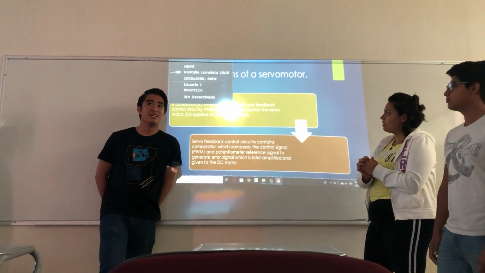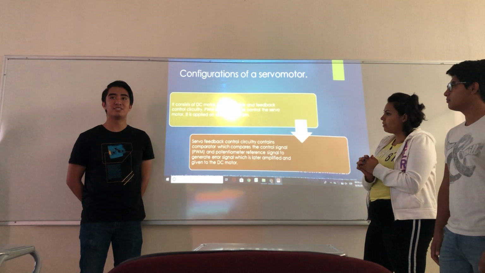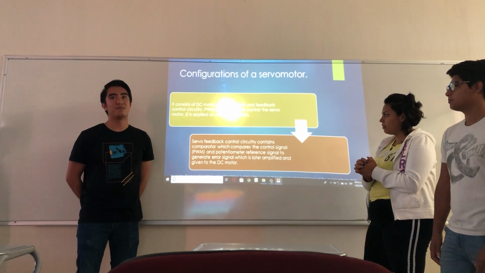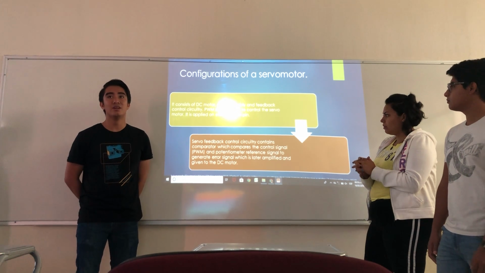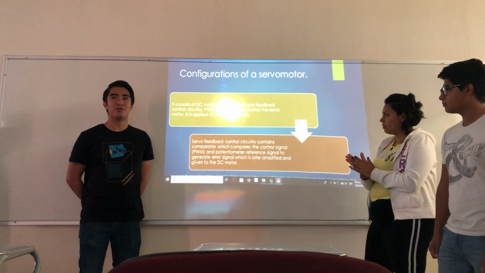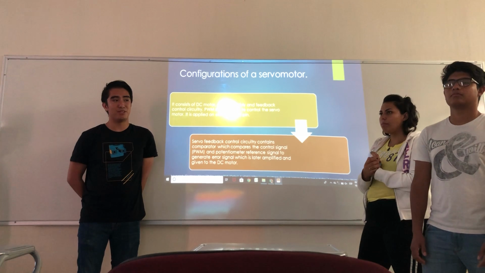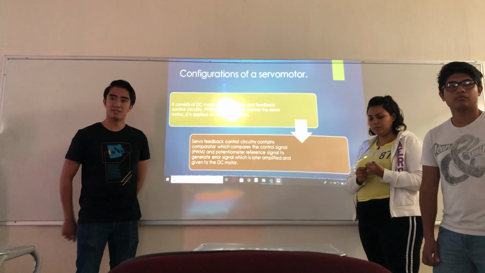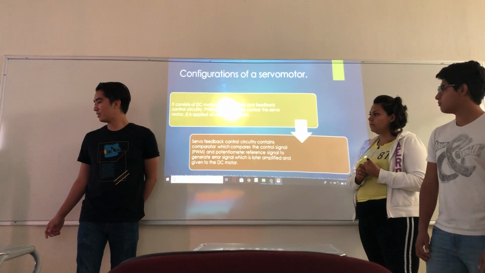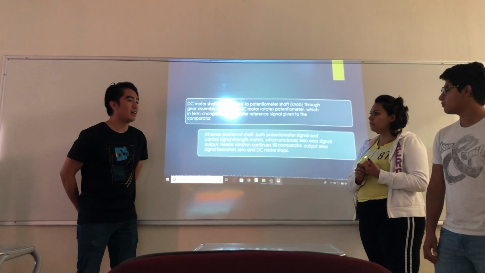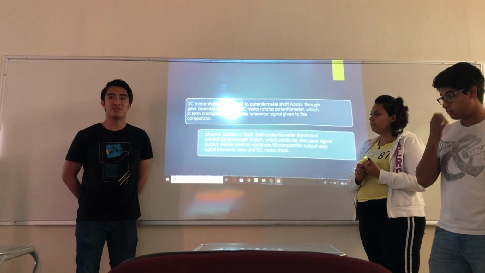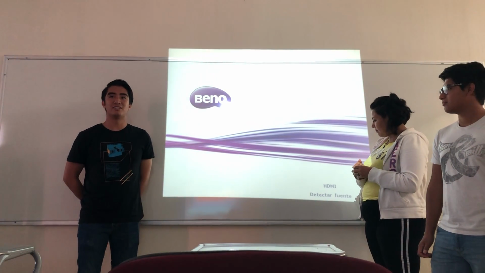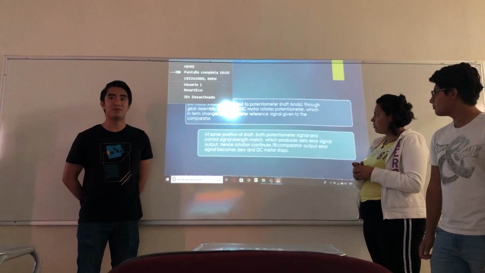The first one, it controls a DC motor with gears assembled on a feedback. The next one is the servo motor feedback control circuit, which controls the operation by comparing the control signal PWM with a potentiometer. The next one is a DC motor shaft connected to a potentiometer shaft through a gear assembly.